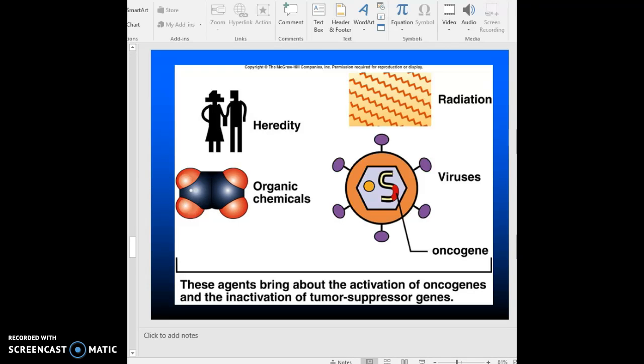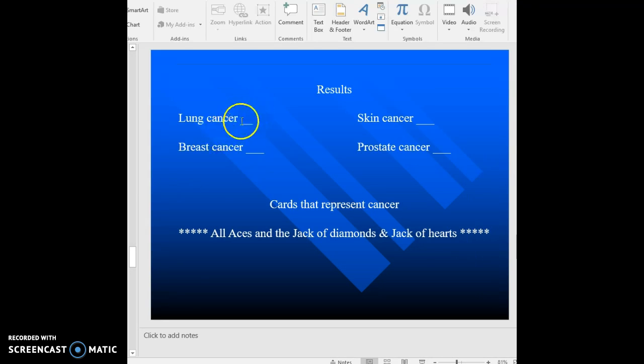All right, so now here are the unfortunate statistics when we talk about cancer. Statistically, 1 out of 13 people will get lung cancer. Those are just the odds. 1 out of 7 women will get breast cancer. It's going down.